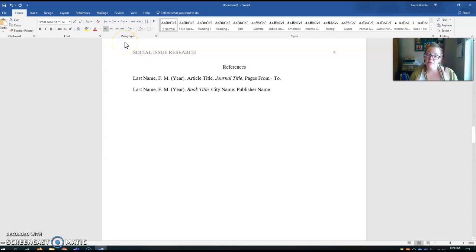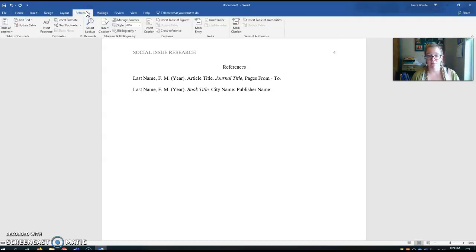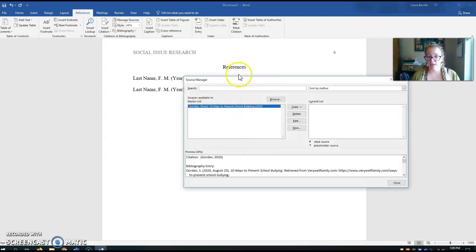If you're working in Microsoft Word, there's a way for you to organize your references without having to do them by hand. So if you click on this References tab at the top, you can click where it says Manage Sources. And this tool is really great because you can search for sources online, or you can add them as you go.